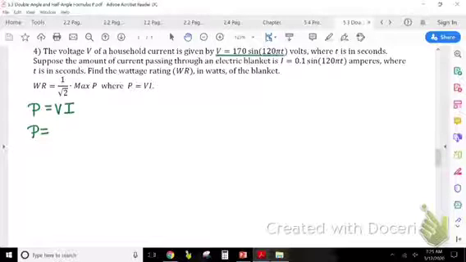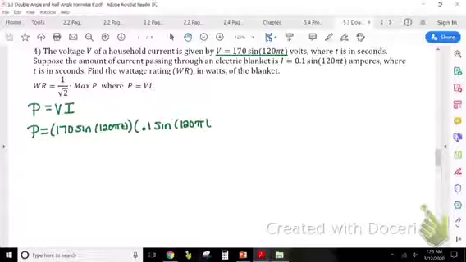Yeah, right there, isn't it? The 170 sine of 120 pi t. And what do we know about I? Yeah, 0.1 sine of 120 pi t.